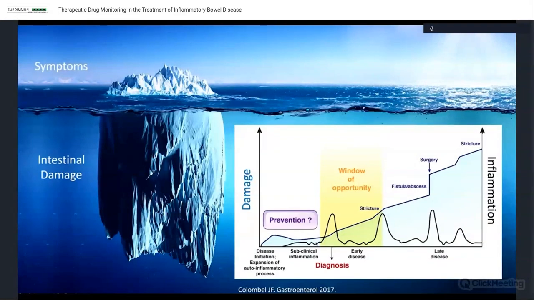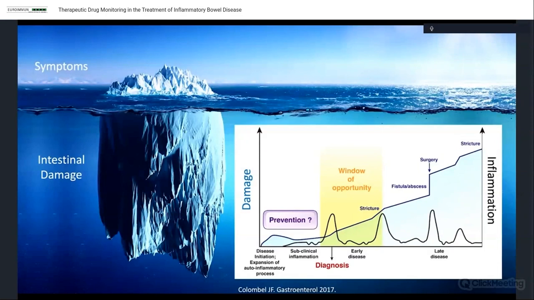But as inflammation ebbs and flows, damage to the intestine, represented in this blue line, is accumulating over time. And this damage can be irreversible, and it can result in complications like stricture, poor colon function, fistula, abscess. It can lead to needing surgery in patients.